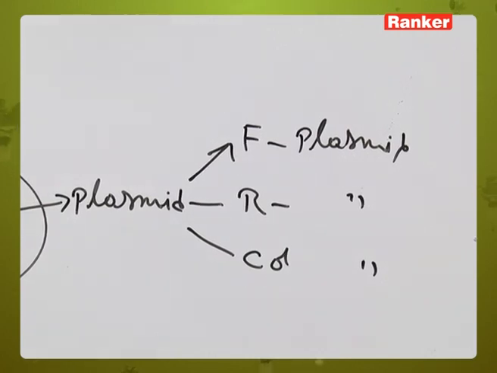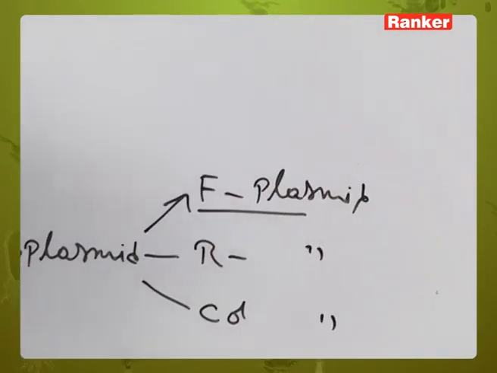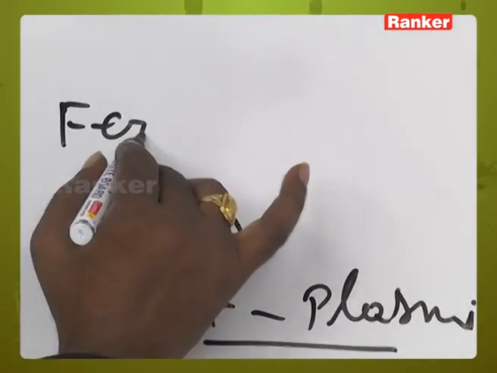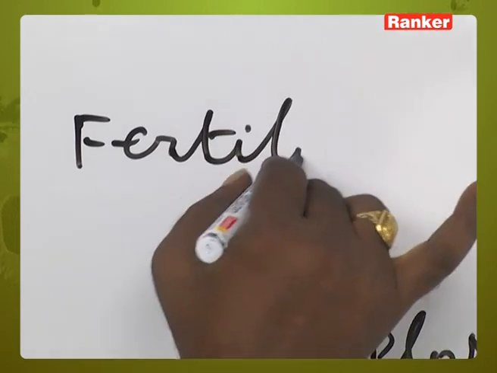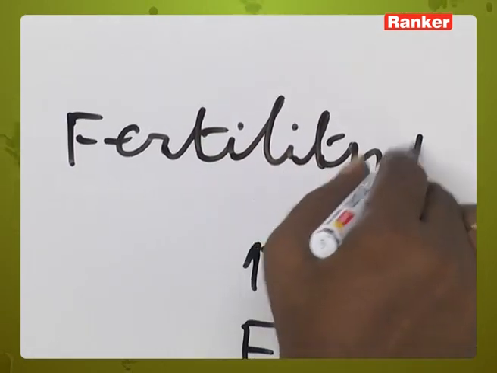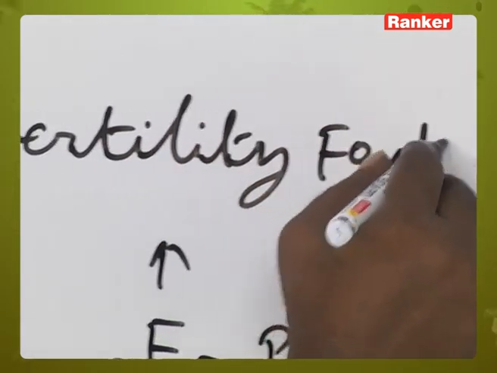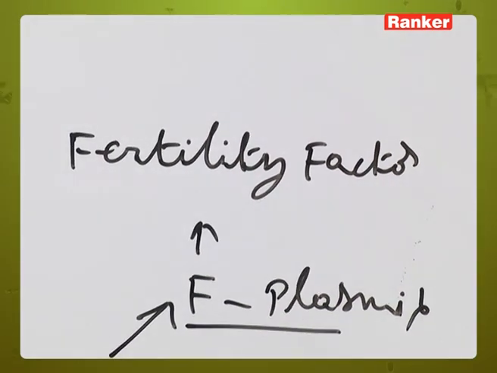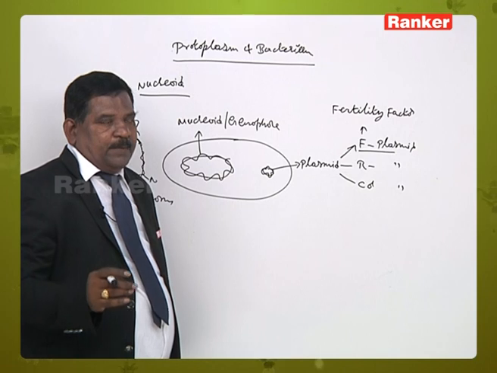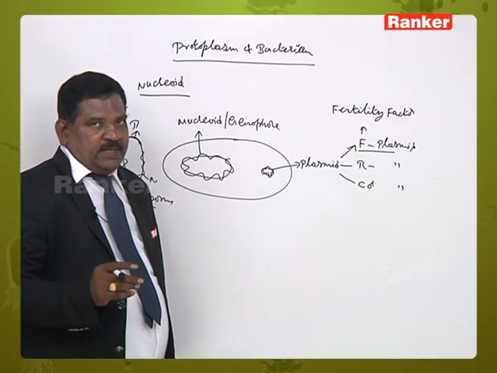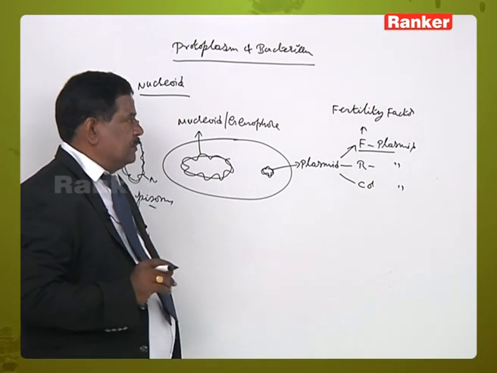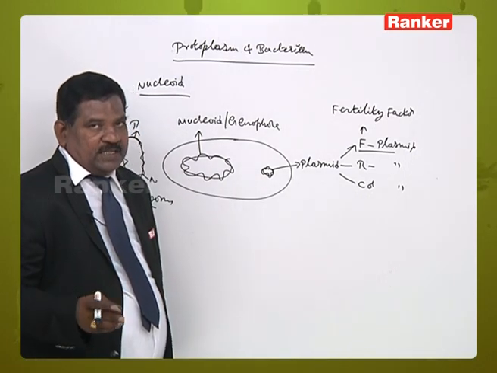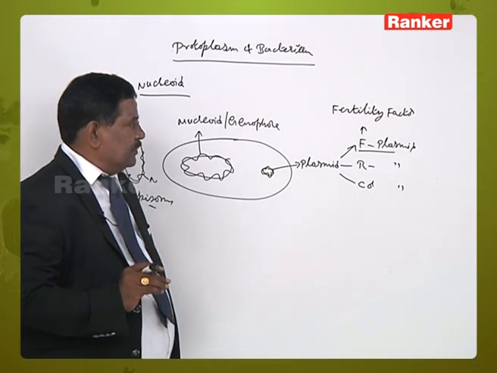Now first come to the F plasmid, also called F factor or fertility factor, involved in reproduction. That we will discuss in detail in conjugation, in the sexual reproduction of bacteria.